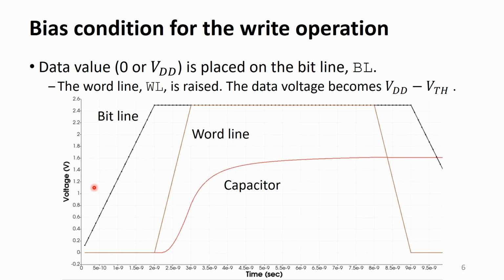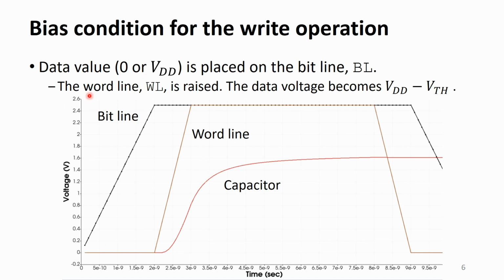Depending on the data value, the bit line voltage is selected. When we want to write 0, the bit line voltage is 0. When you want to write 1, VDD is applied.